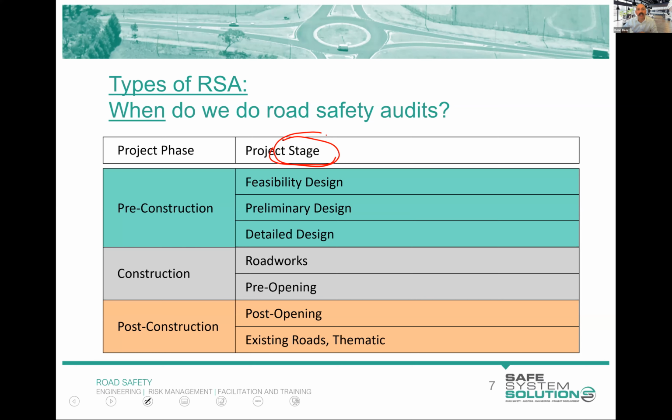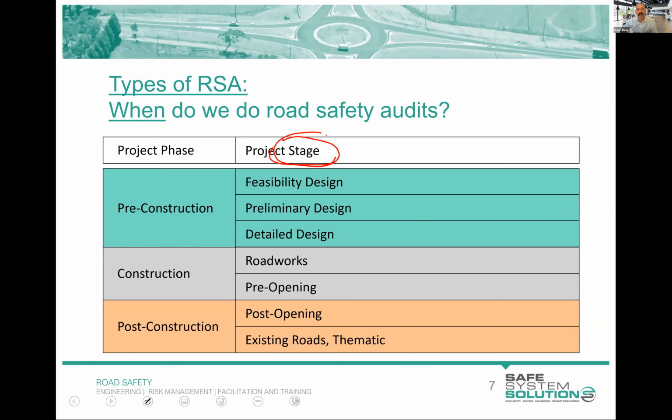You're doing that audit to check everything was put down right, no new issues have emerged during their construction, everything is operating nicely. And then we have those existing road audits.